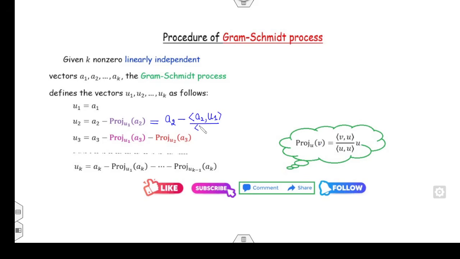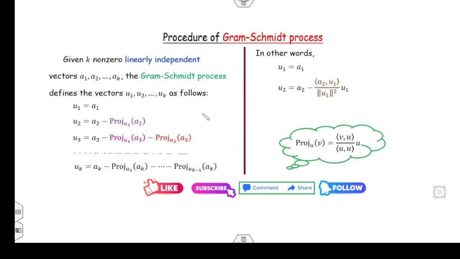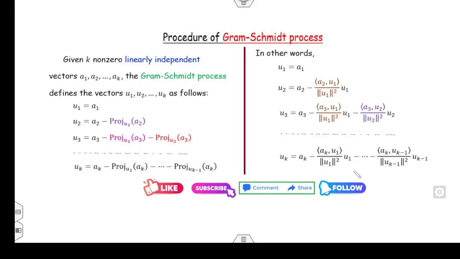It is the inner product of a2 and u1 divided by the inner product of u1 and u1, times u1. Similarly, the projection of a3 on u1 is the inner product of a3 and u1 divided by the inner product of u1 and u1, times u1. Similarly, you can write the projection of a3 on u2 and so on.